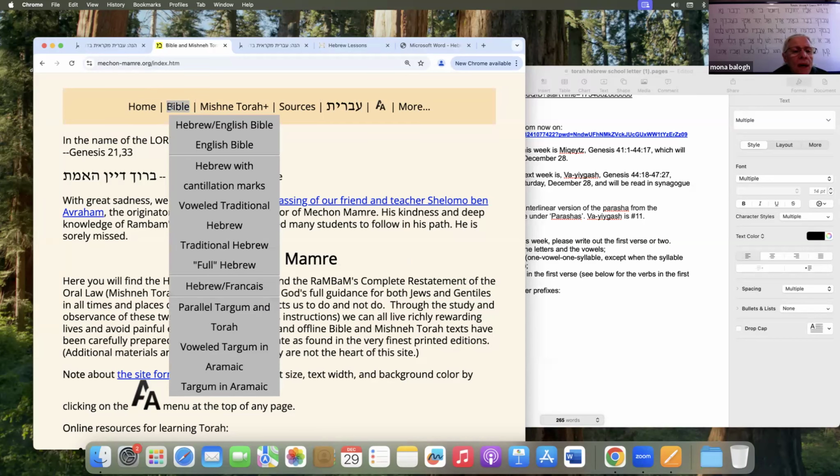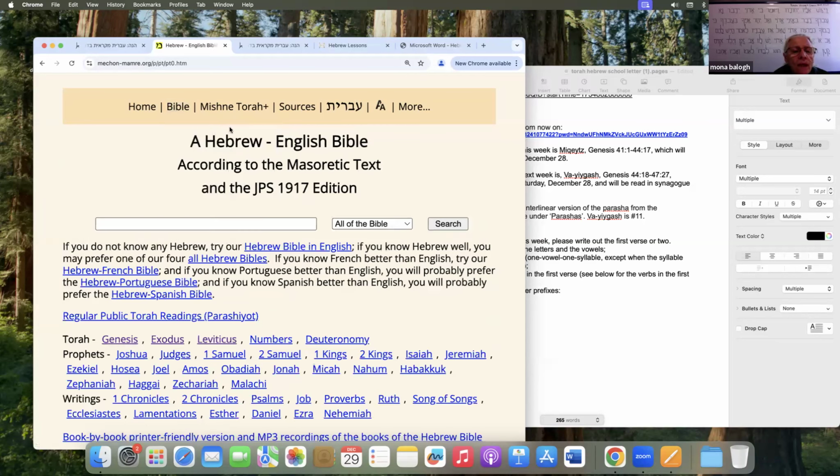And then I go to Bible, and I go to Hebrew English Bible. The Hebrew English Bible, according to the Masoretic text, Masoretic means the voweled, marked up text of the Torah and the prophets and the writings. It's the Jewish Publication Service 1917 edition. Be aware and heads up, it has lots of thees and thous and shalls and so forth.